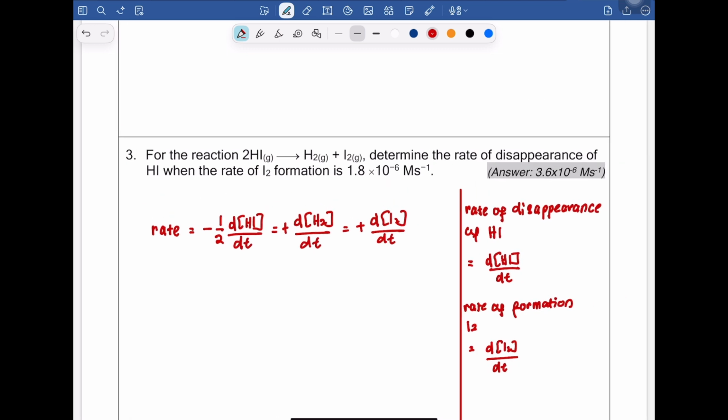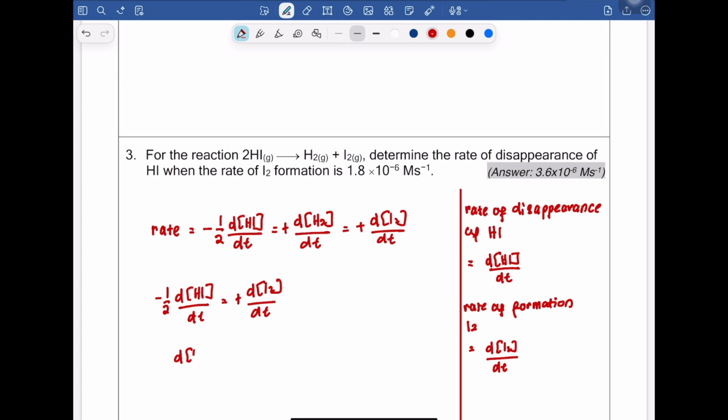So how are we going to calculate? I will take it like this: negative d[HI] over dt equals positive d[I2] over dt.